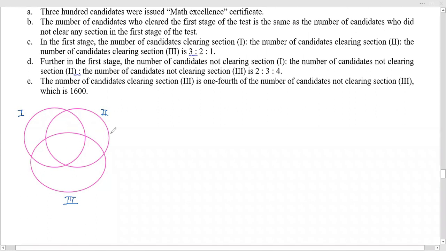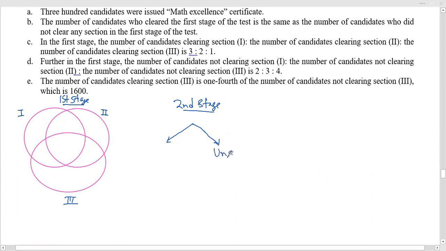So this is the first stage of the competition, and the second stage of the competition is where the people will move, and from there two types of people emerge, one successful, another unsuccessful, because it has been said that 25% of the people were unsuccessful, as shown earlier.